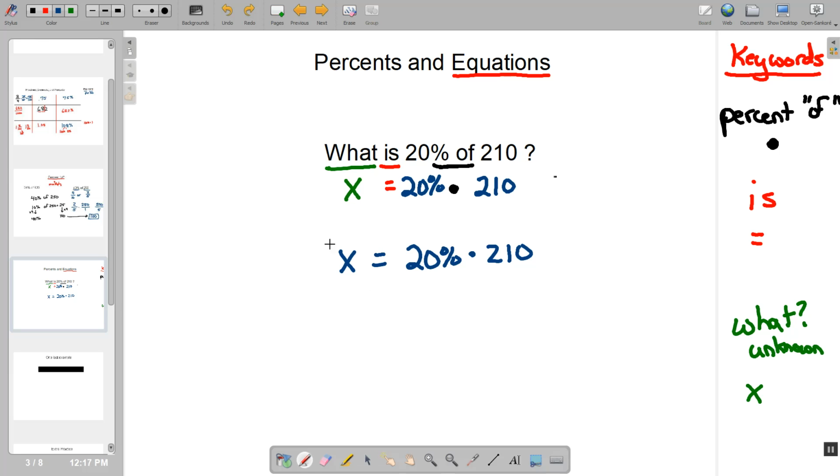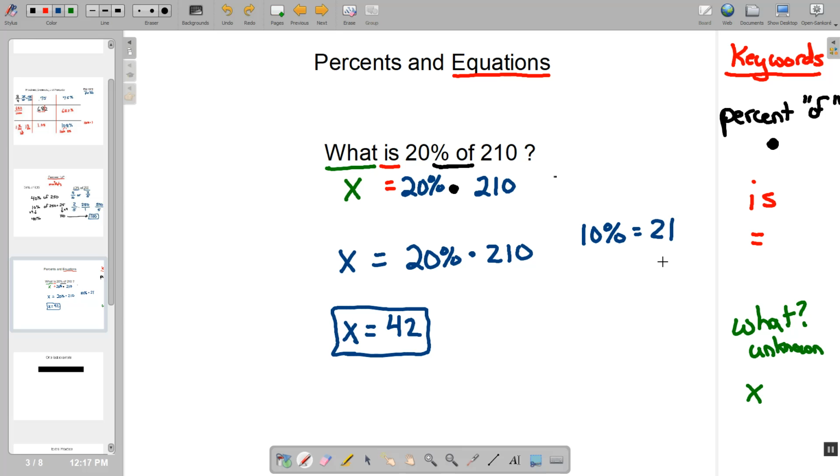X is already alone, so we simply have to do 20% of 210, which is, 10% would be 21. So 20% would have to be twice as much, or 42. And that's the entire problem. What's nice about this is it never really gets more difficult than that.